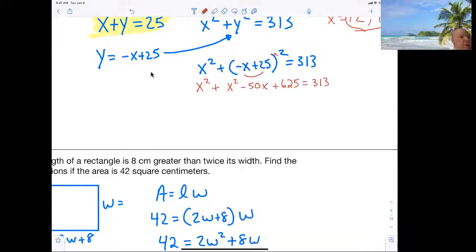Now it's just a matter of combining terms. So we end up with 2x squared minus 50x. And then when I subtract 312, I get what? Is that correct?